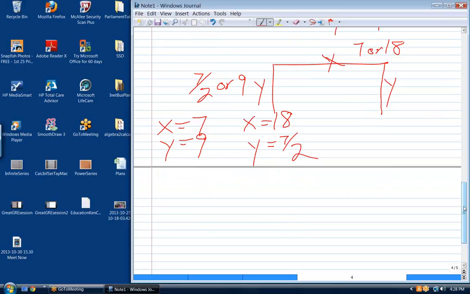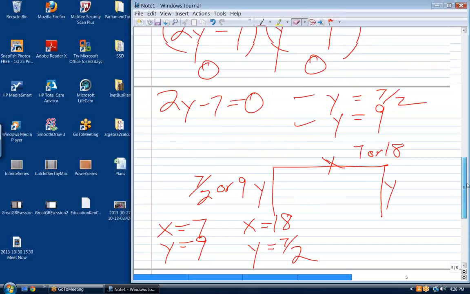If I multiply that out, I get 63, I get 63 there. If I do the perimeter, 2 y's here are 7 plus 18, 25. That's interesting. I hadn't seen a problem like that with two possible solutions.